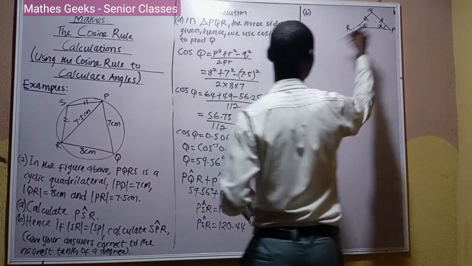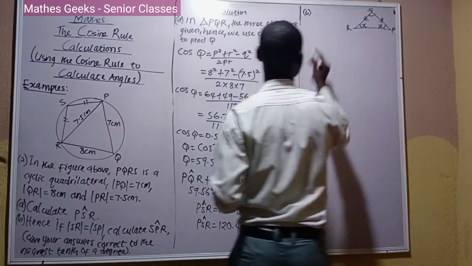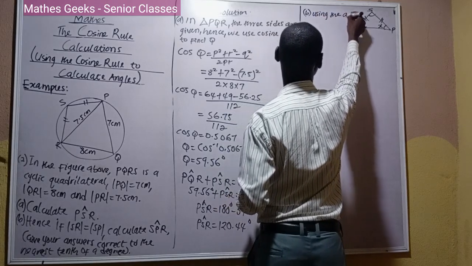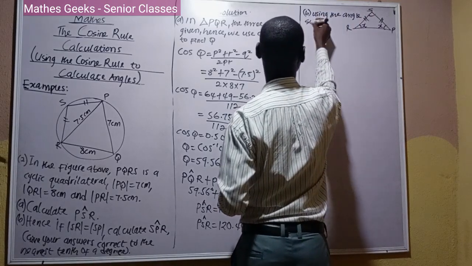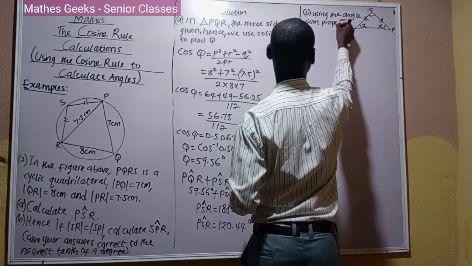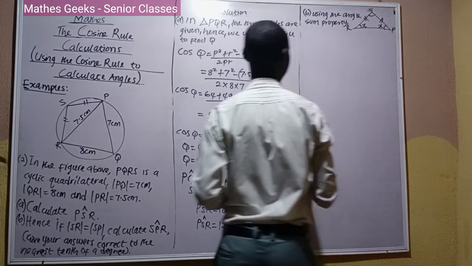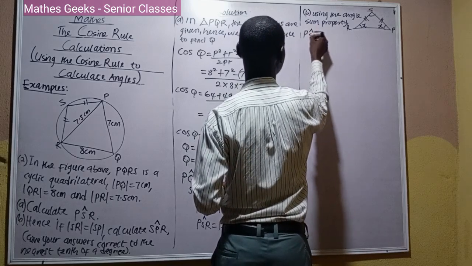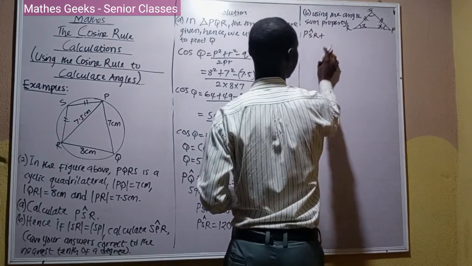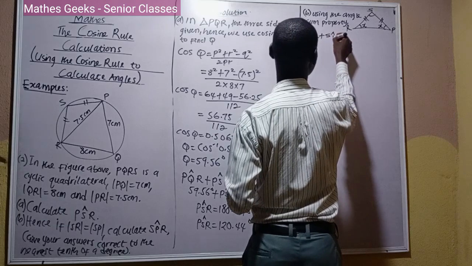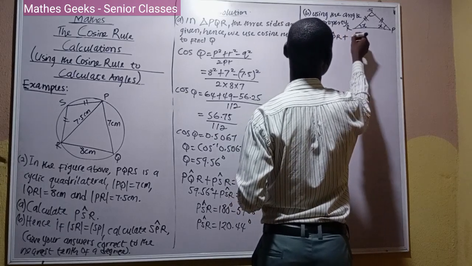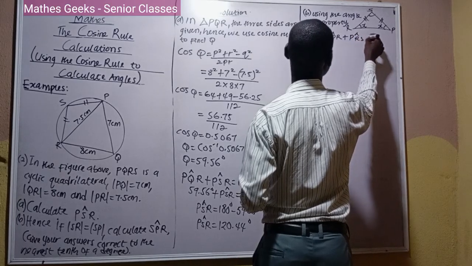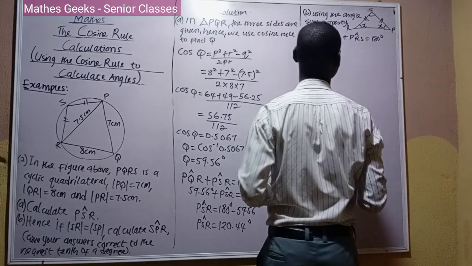So using the angle sum property, because we already know this angle, we're going to say angle PSR plus angle SPR plus angle PRS is equal to 180 degrees.